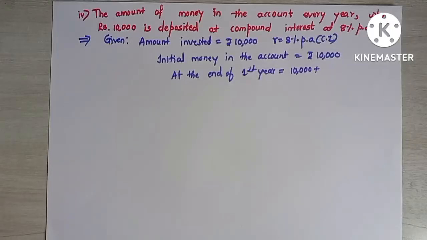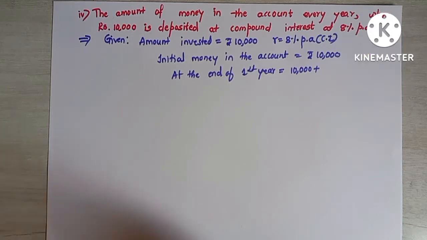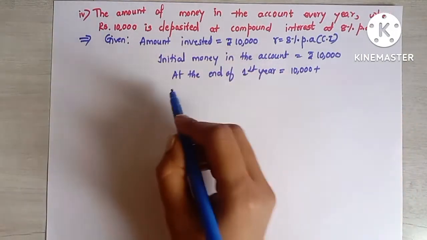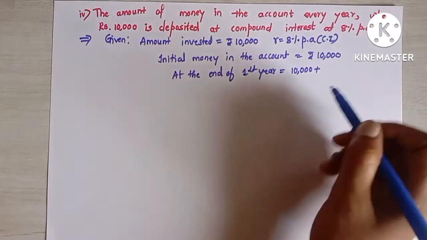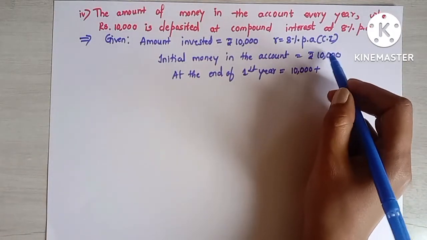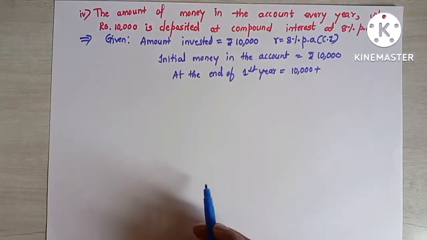So already I have covered what is simple interest and compound interest. If you have not watched it, then click on the I button and watch. Okay. So here at the end of the first year, the amount in the account will be 10,000 plus 8% on this principal amount.